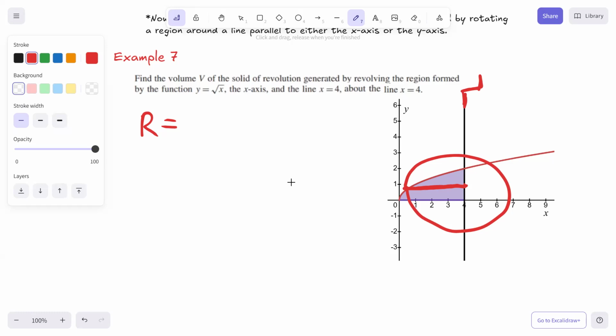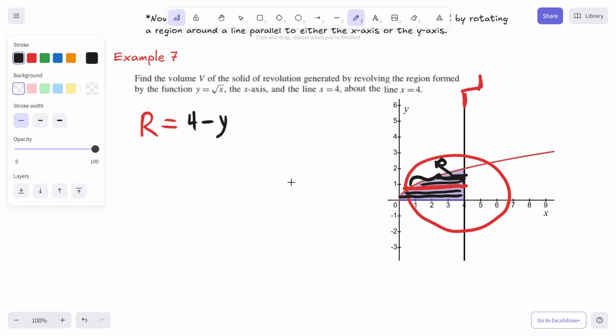But because this radius right here is bounded by the line x equals 4 and the square root, notice as you slide up this region, the radius starts at 4 and gets smaller by whatever the square root of x is.